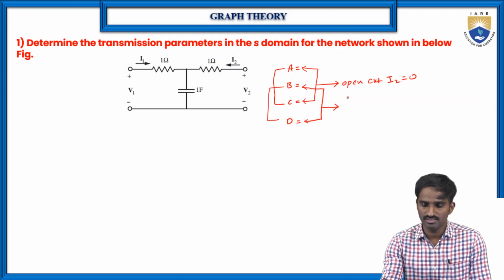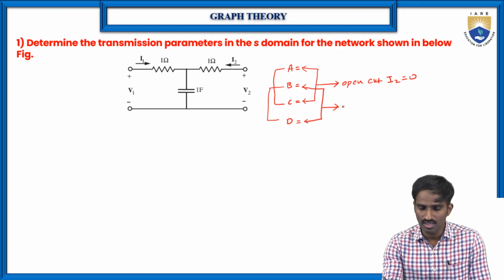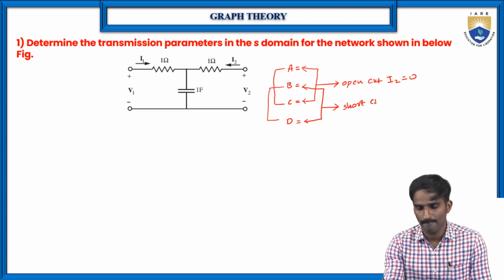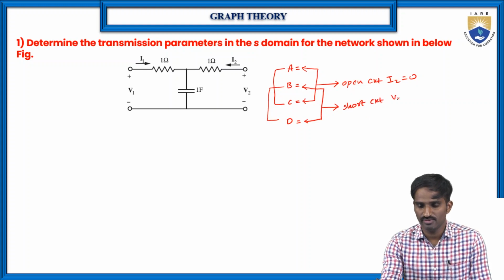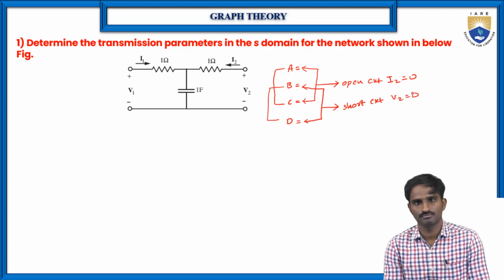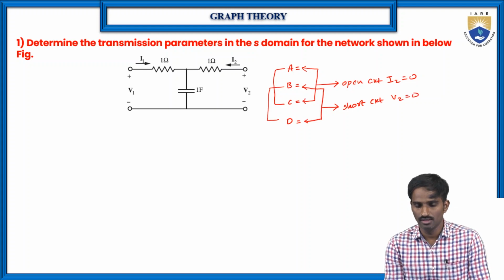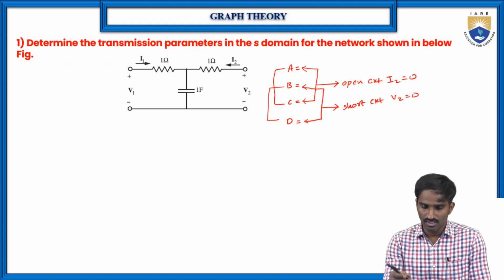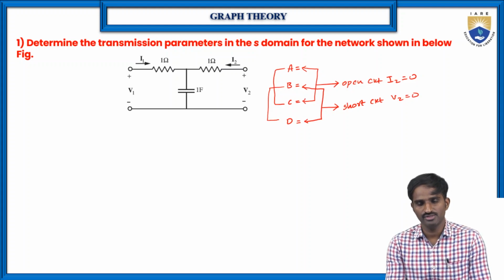So in the second case, we make the output terminal a short circuit, which means we are making V2 equal to 0. Then we will see what A, B, C and D are now.